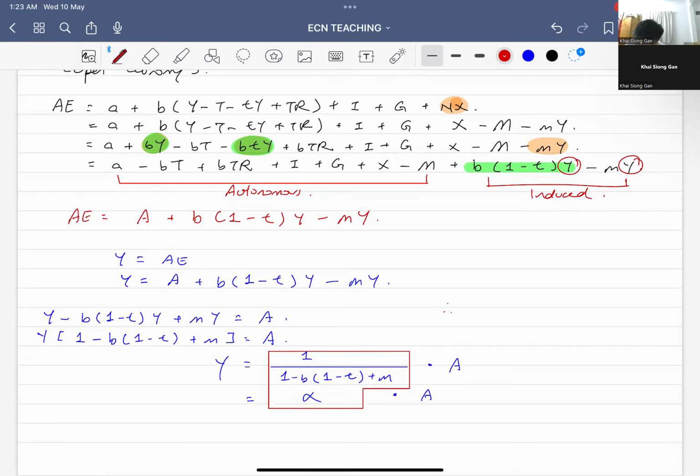The third multiplier formula for the open economy, for the four sector economy, is basically where we use 1 over 1 minus b, 1 minus t, plus m. That's how we derive the formulas. So these are the three formulas that you're going to use when you calculate any of the multiplier values. So that's the focus of this video.